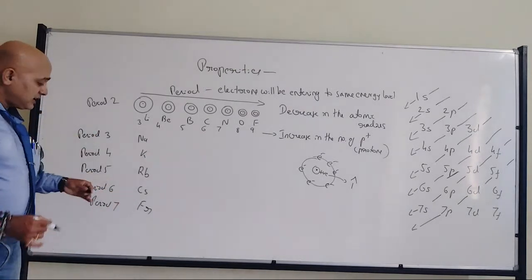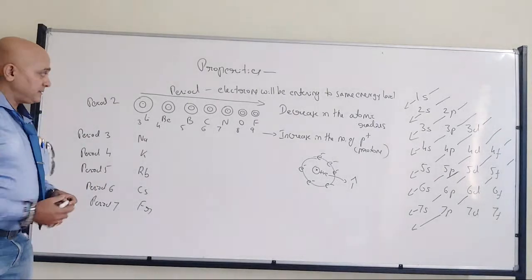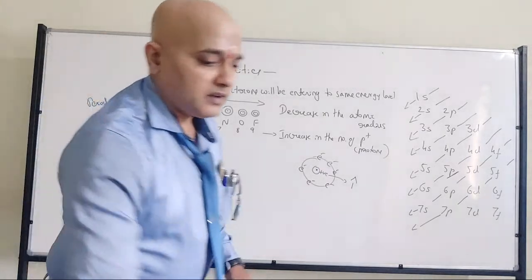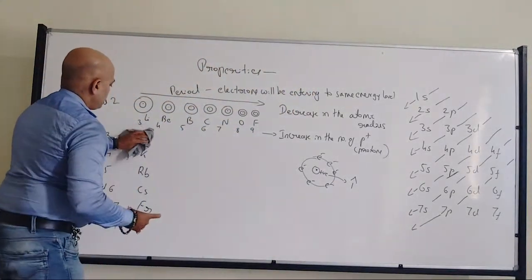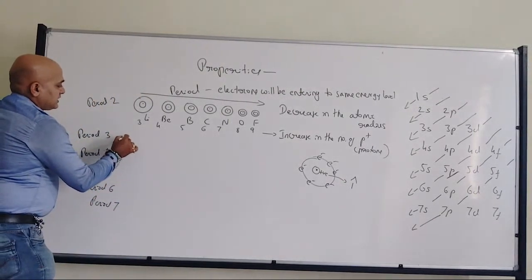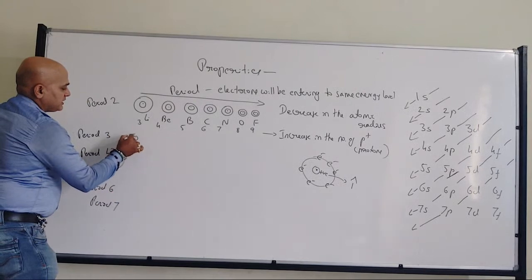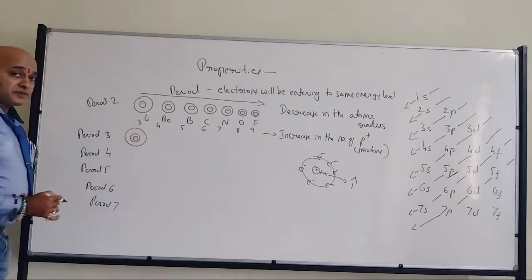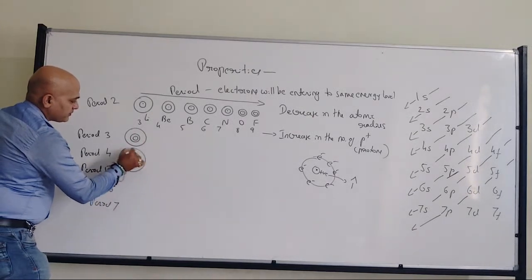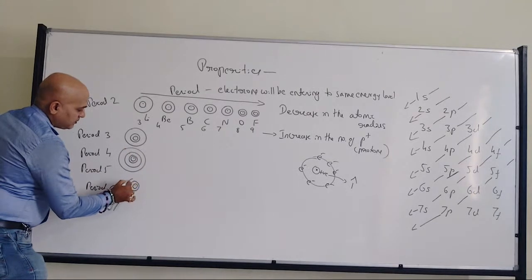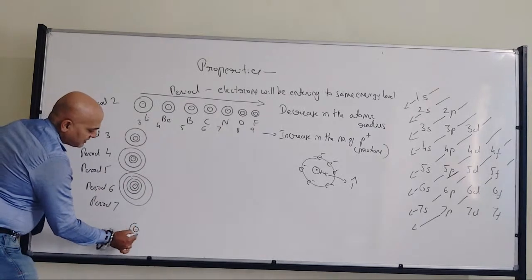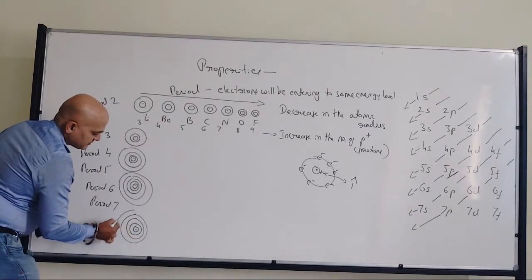So what does this period number indicate? Energy level. So when I am talking about lithium, 2 energy levels are there. Okay, so here I will write period number 3, then comes period number 4, then period number 5, then I stop here, period number 6.